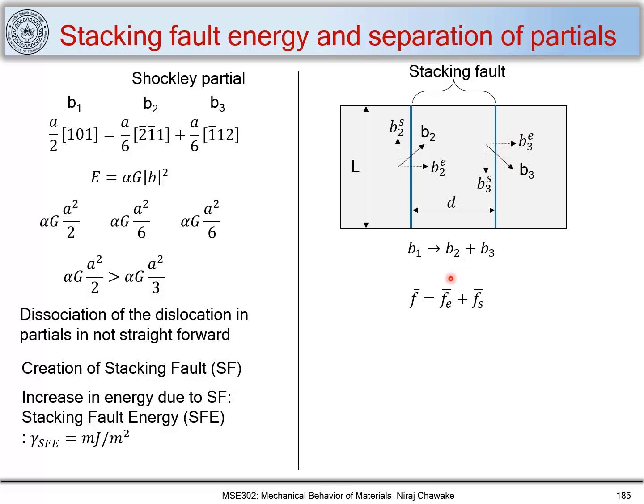Now we can find the force between these two dislocations. This dislocation will exert a force on that dislocation. Let's consider this dislocation to be stationary, and the force exerted by B2 on B3 will be the force between the edge components plus the force between the screw components.